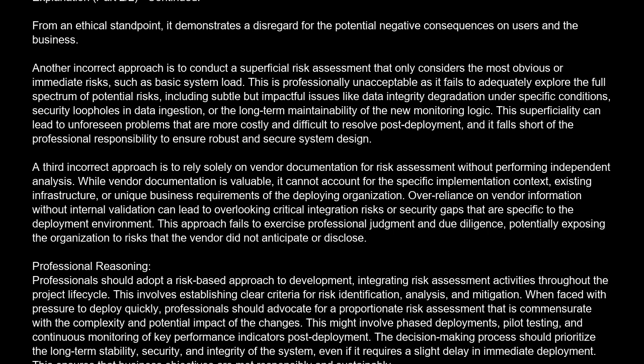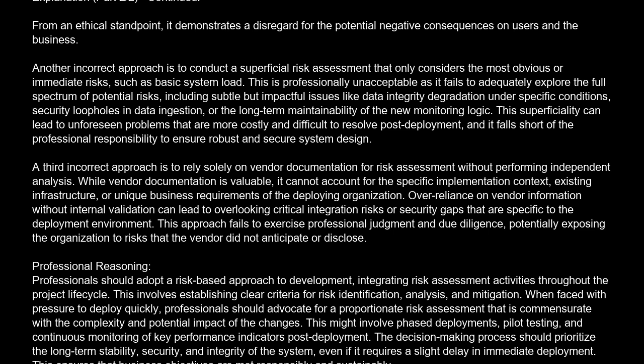Professional reasoning. Professionals should adopt a risk-based approach to development, integrating risk assessment activities throughout the project lifecycle. This involves establishing clear criteria for risk identification, analysis, and mitigation. When faced with pressure to deploy quickly, professionals should advocate for a proportionate risk assessment that is commensurate with the complexity and potential impact of the changes.